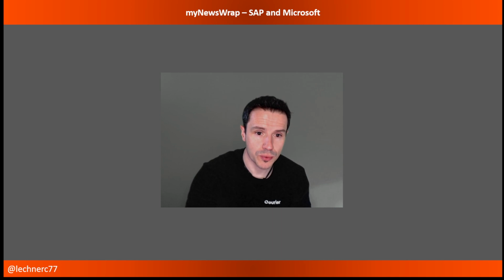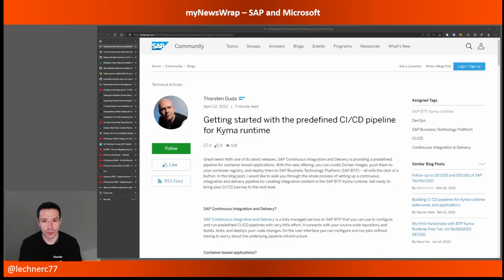Let's get things started with news from the SAP side, and there I have one blog post that I would like to highlight: getting started with a predefined CI/CD pipeline for Kyma runtime. This blog post guides you through how to leverage the SAP Continuous Integration and Delivery service, living on SAP BTP, to do the build and deployment of container-based applications, of course, towards the Kyma runtime.